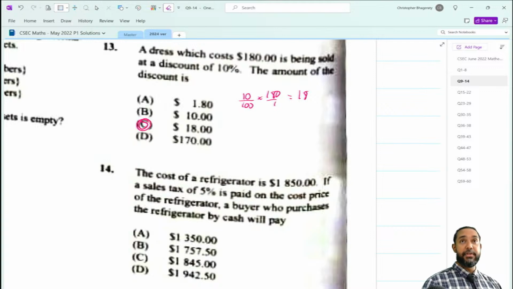A and B. Actually, we could ignore C as well. Isn't 1845 less than 1850? Exactly. So the only option here that we need to consider is option D, because all the rest are less, right? So you see, sometimes you can save yourself some work if you just understand the question and look at the answers. Okay, all right.